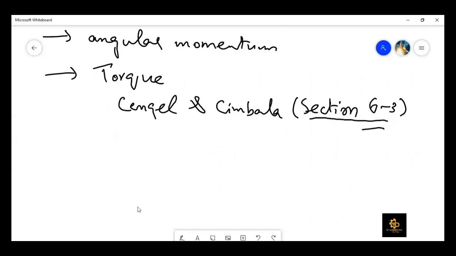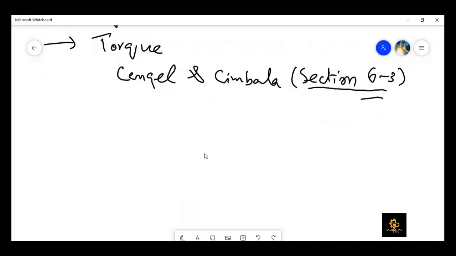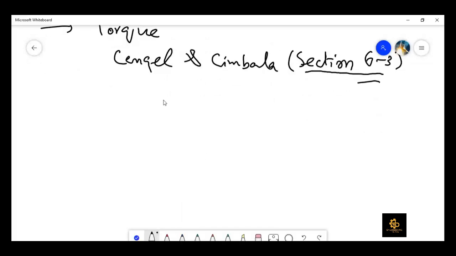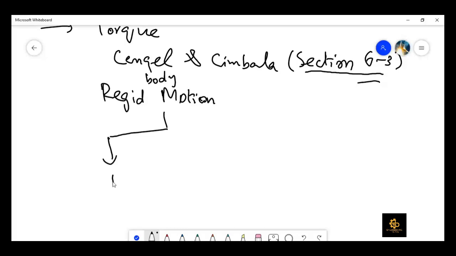So first of all, if we talk about the motion of a rigid body, it has two types of motion. First is translation, and then the next one is rotation.